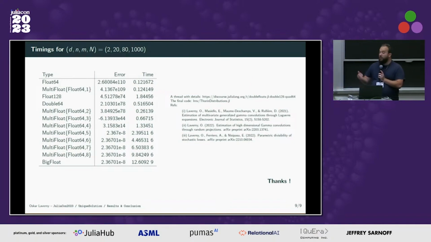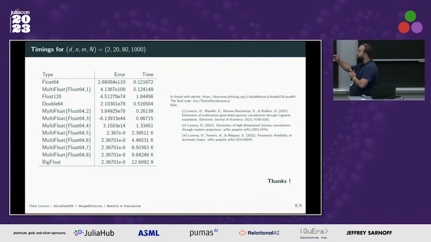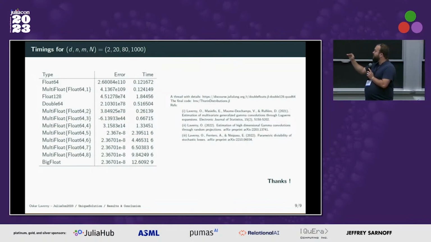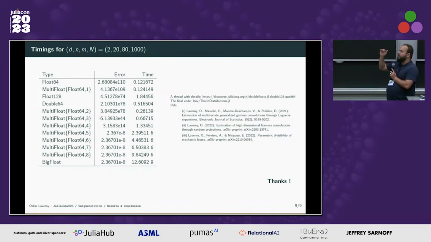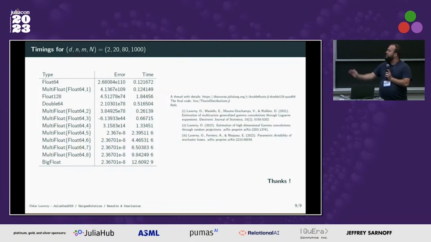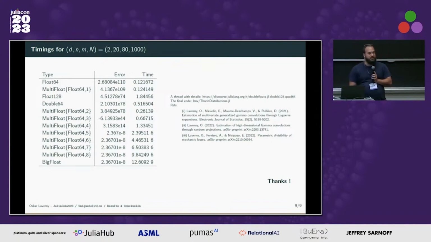And we have to increase the precision. If we go to BigFloat, which is 256 bits of precision, in base 2, I think, we get the correct loss, which is of the order 10 to the minus 8. And in fact, if we go into MultiFloats, we need to go to 5 times the precision of Float64 to have the correct loss and to be able to actually minimize what we want to do.